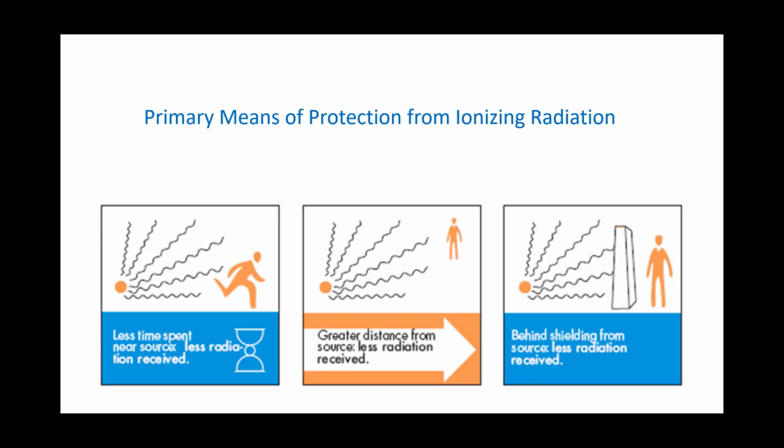The three primary methods of protecting patients and occupational workers from ionizing radiation deal with the amount of time spent near the resource, the distance from the radiation resource, and the type of shielding being used during the examination.